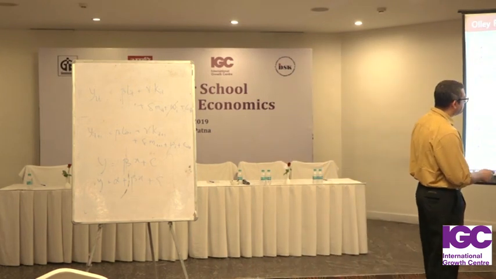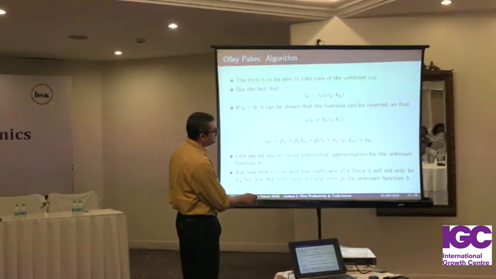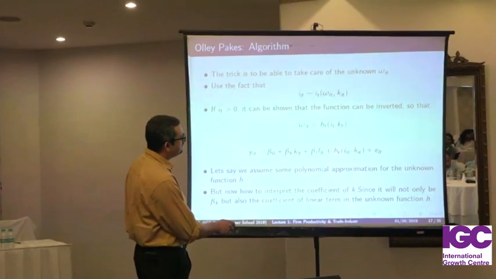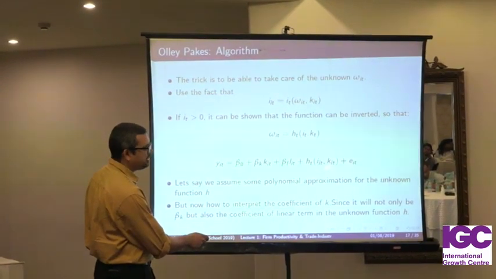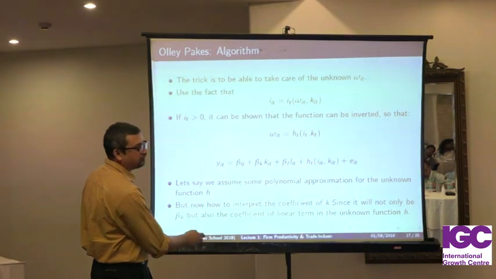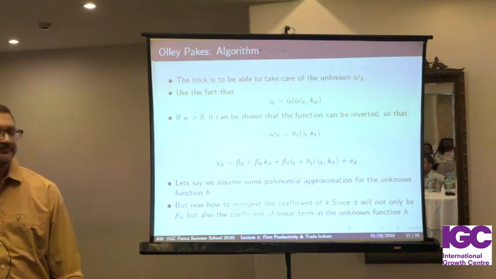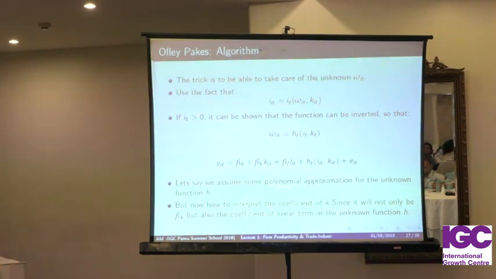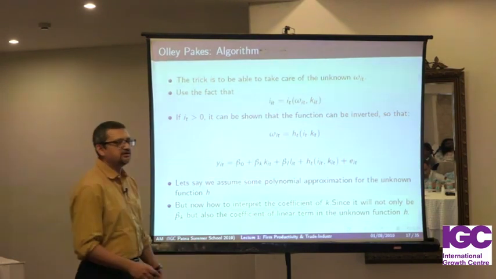So remember this y was beta naught plus beta k times k_it plus beta l times l_it plus omega_it, right? So now instead of omega_it, I write h(i_it, k_it), right? But of course I cannot write the value because I don't know what h is. In principle I can write that h_it. Okay? So now what we can do is, let's say that we know it's a function of i and k.